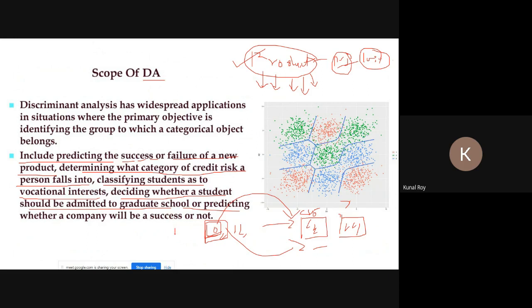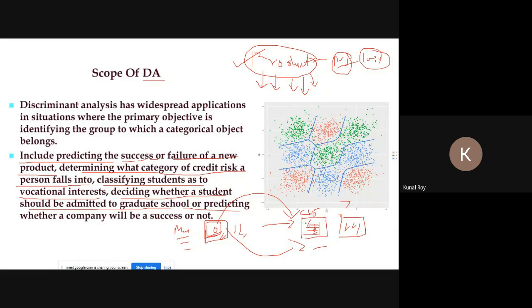So these marks and percentage act as independent variables, but the dependent variable is taking an admission, predicting whether he will be assigned to this background or not.